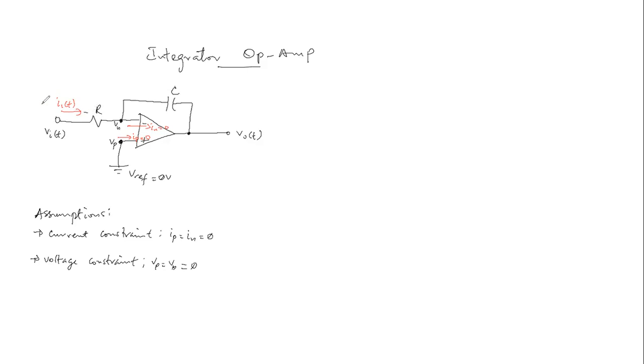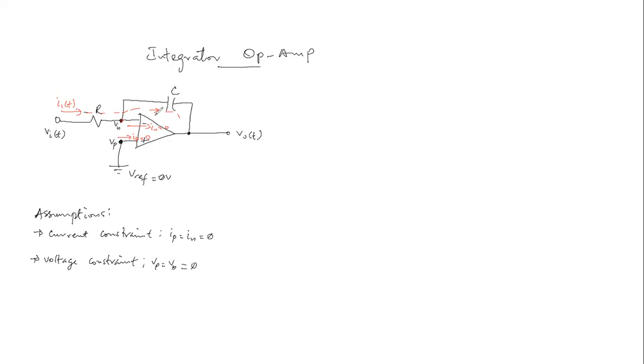So this will be the same current flowing, because at this point no current is flowing through this terminal because I sub N is equal to 0. So the entire current will flow this way. Okay, so it means that I sub I of t, being the same current flowing through the R resistor, will be the same current flowing through the capacitor C.